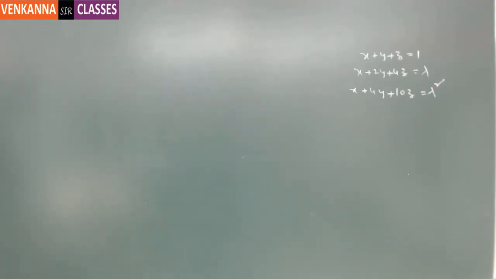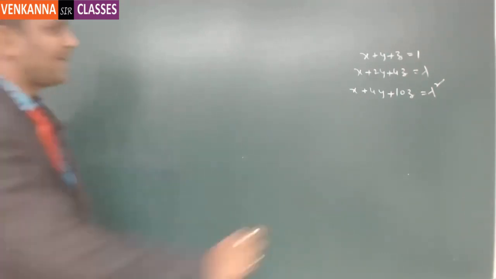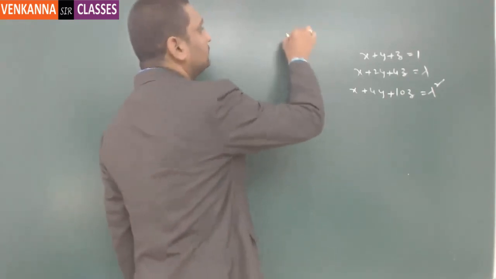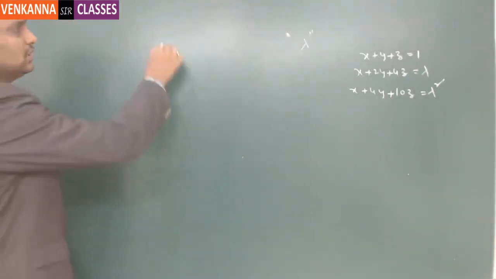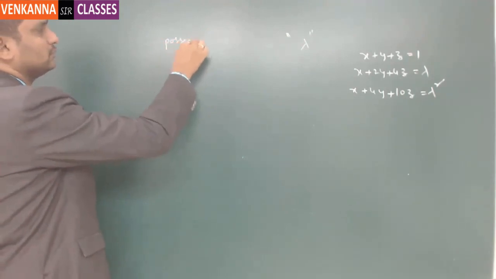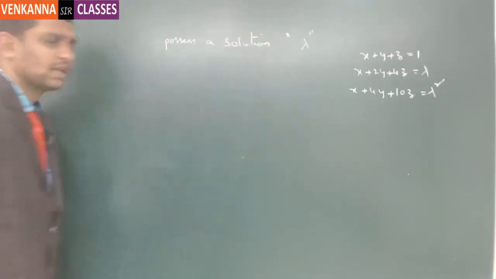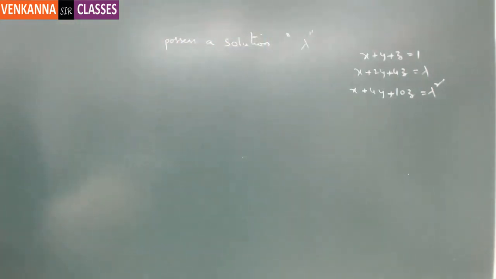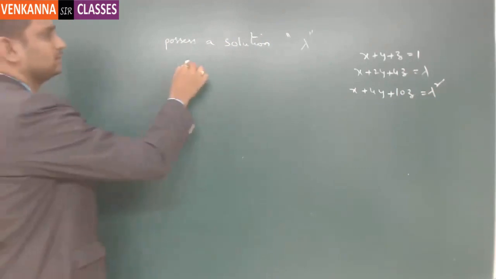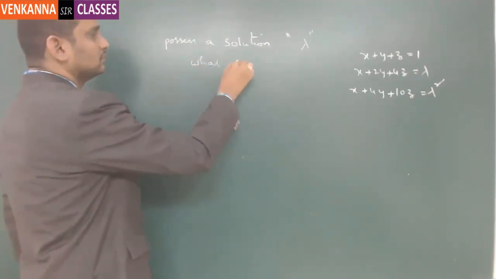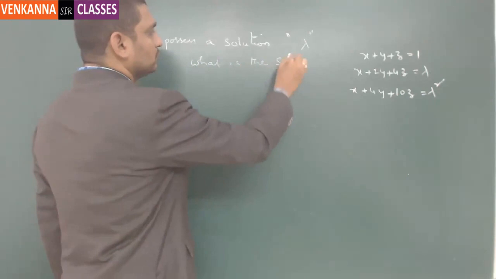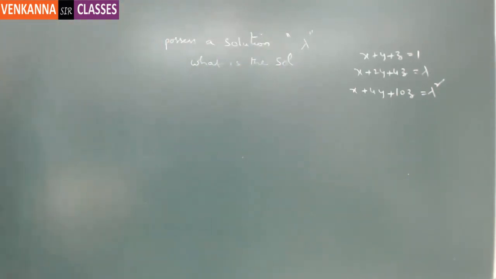Now, the objective of this question is we need to determine the values of lambda for which the system will possess a solution. Later, we need to determine what the solution is. So, by substituting the suitable value of lambda, we need to find the respective solution for the given system.